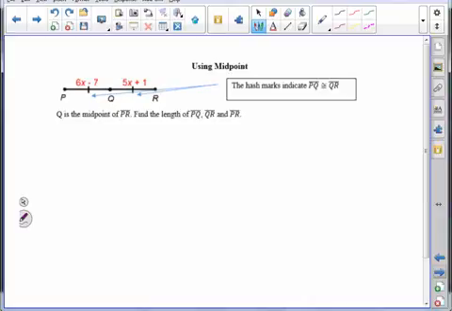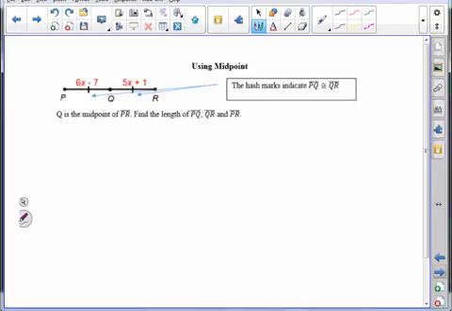And so they fall back to what they think is the next most likely answer, and they'll say, well, PR must be 180 degrees, which is not anywhere close to what we're talking about. We're not talking about angles of any kind. So please keep in mind what type of addition you're using or how you're going to set up a formula. If you're saying segment addition, we're going to say something plus something else equals this.